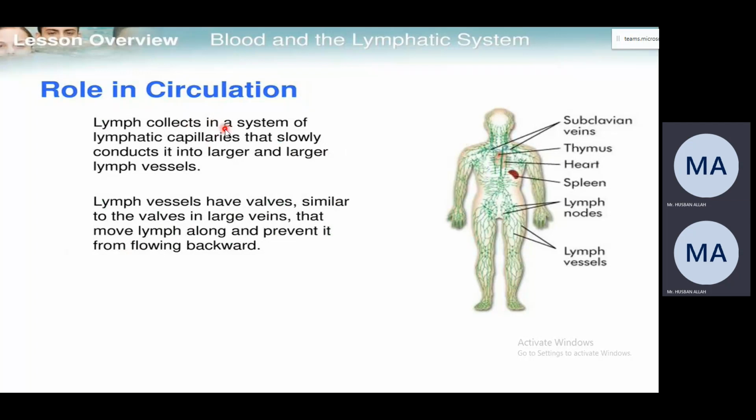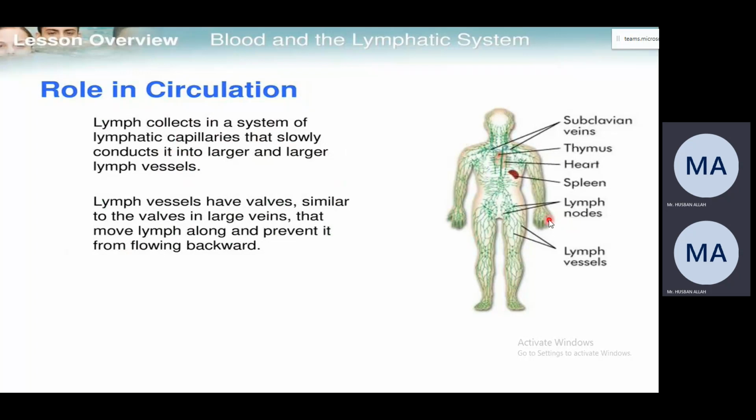Lymph collects in a system of lymphatic capillaries that slowly conduct it into larger and larger lymph vessels, right? So if you look here, the function of the lymphatic system is what? The first function is to collect lymph, or the fluid.